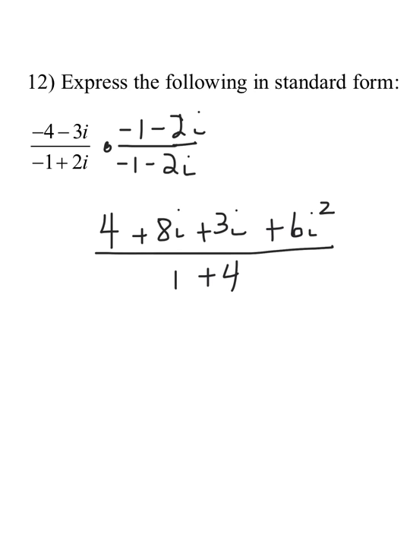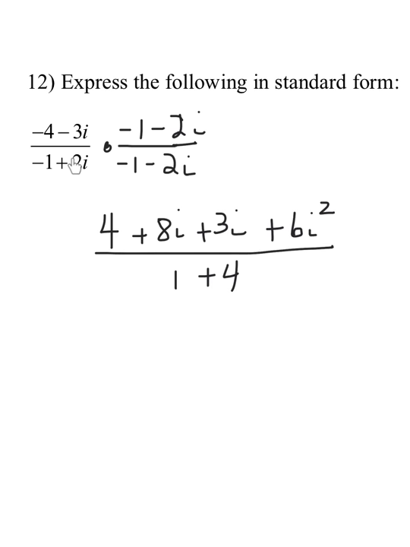When you multiply a complex number by its conjugate, all you have to do is take the value for a, which in this case is a -1, and square it. So -1 squared is 1. And then you take the value here for b, and you square it.